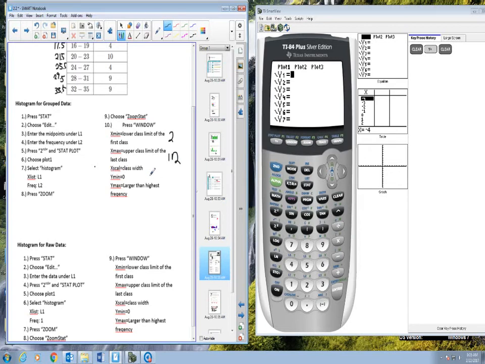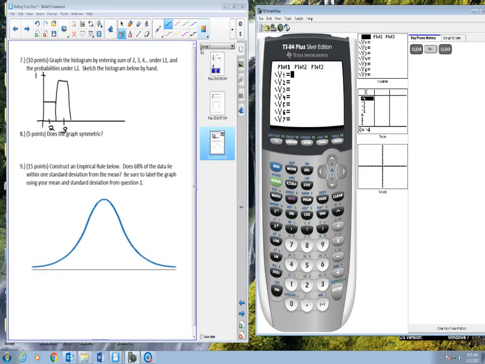The class width between each class, sum of 2 to 3, 3 to 4, is 1. Y minimum at 0, and you can set your y maximum at 1, because that would be your highest probability, which is 100%, 1. After all that, you should see 11 bars. If not, you have to make adjustments on these numerical values to show that there are 11 bars.